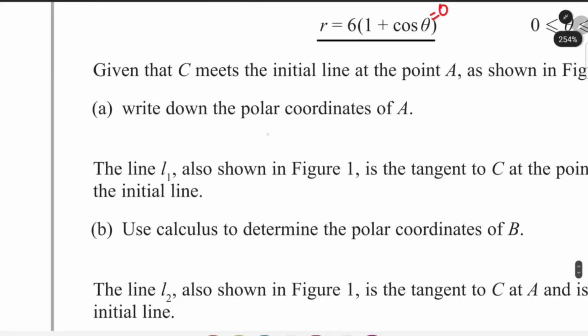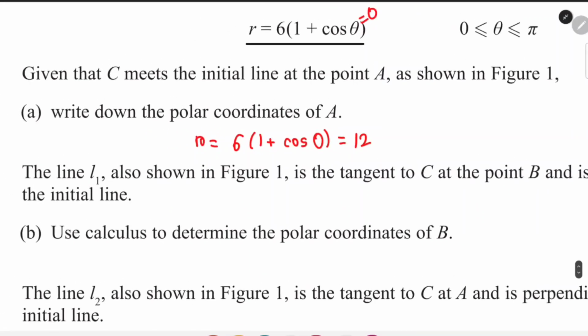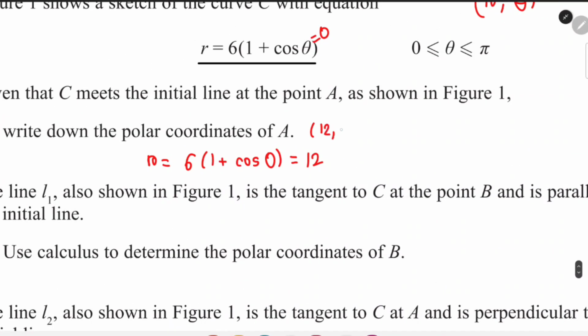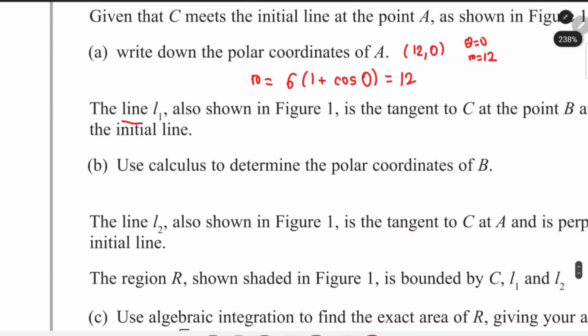So the value of r over here will be 6 times (1 plus cos 0), which would be 12. So the polar coordinates of A would be (12, 0), since theta is 0 and r is 12.